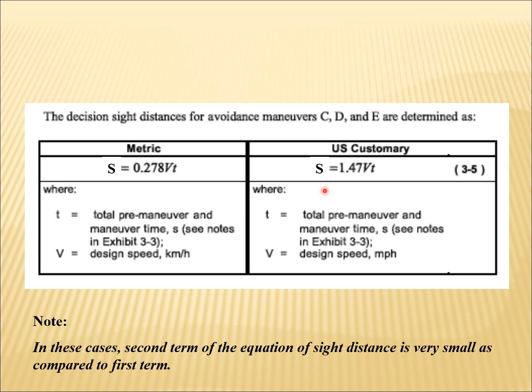Similarly, this is the formula S equals 1.47 V multiplied by T. You can see in these formulas that the second term of the equation of the sight distance is very small as compared to the first term. That is why only the first term has been used for avoidance maneuvers C, D, and E.